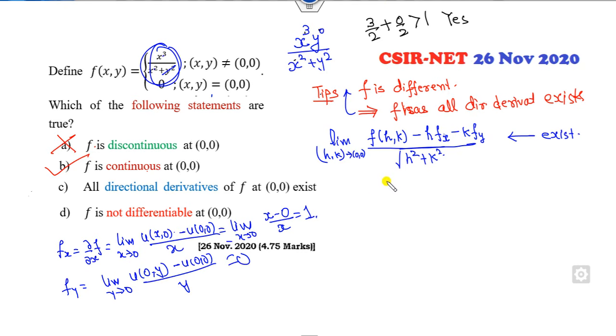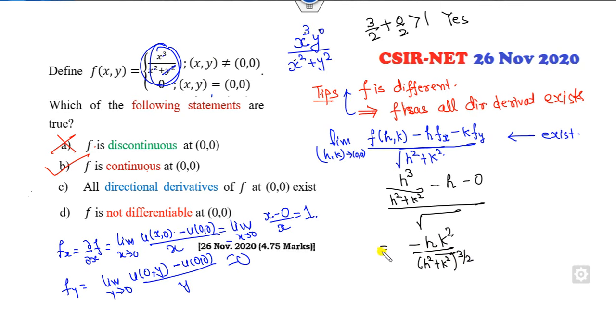So the expression is h cubed divided by h square plus k square, minus 1 times h minus 0, divided by root of h square plus k square. If I take the LCM, it is h k square divided by root of h square plus k square into h square plus k square, which I can write as h square plus k square to the power 3 over 2.